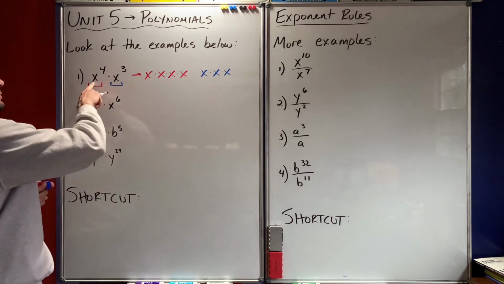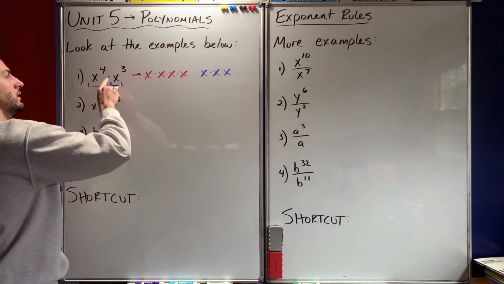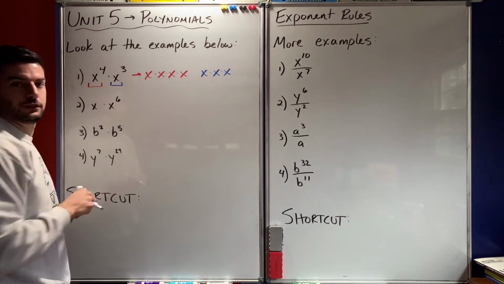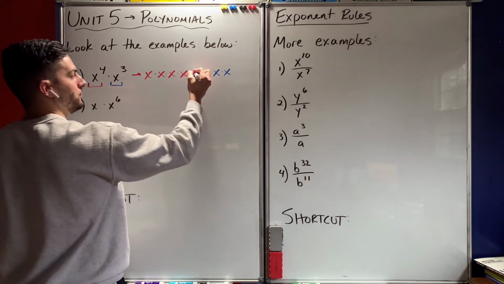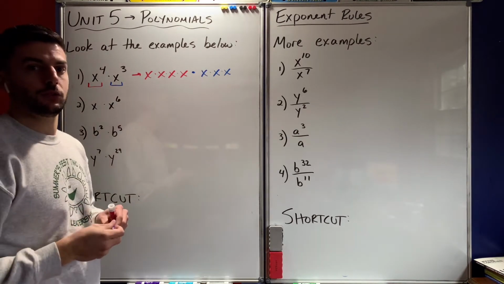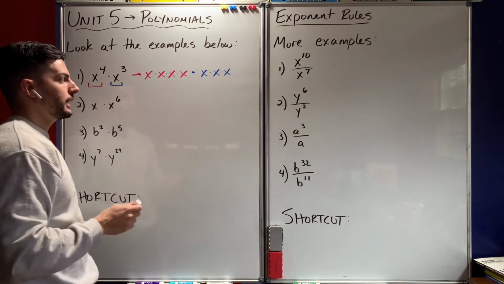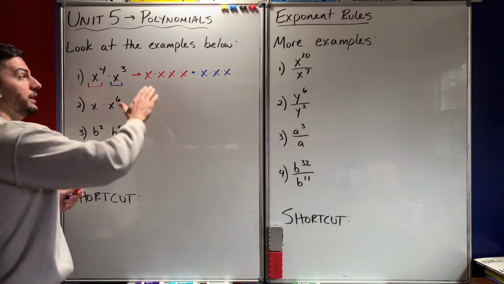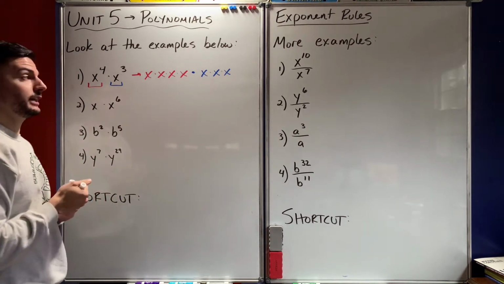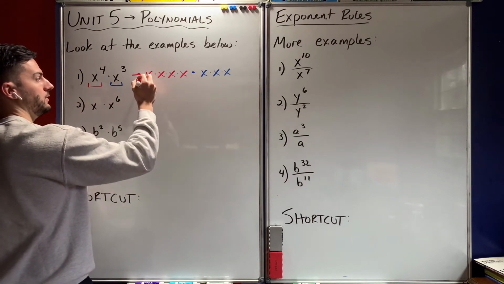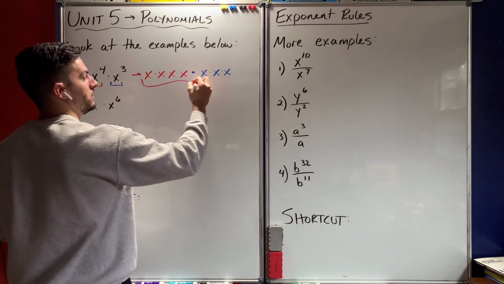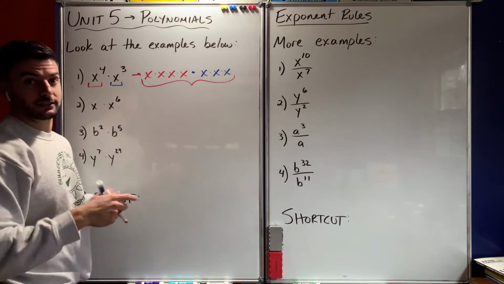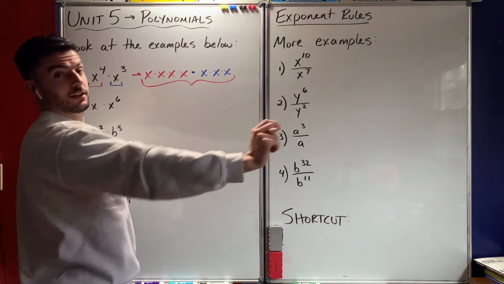So thinking about what this is saying, x to the 4th times x to the 3rd, between these two it's being multiplied. So basically what I have here is now one long chain of multiplication, right? There were 4 x's multiplied, and now there are 3 more x's added on to that chain.